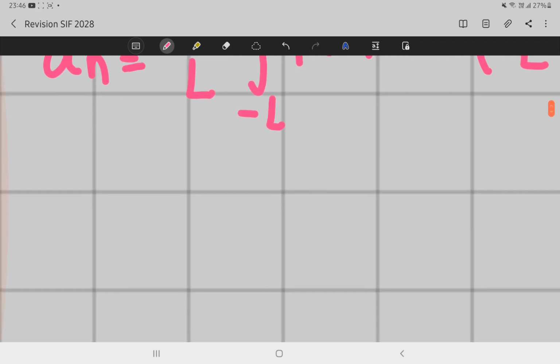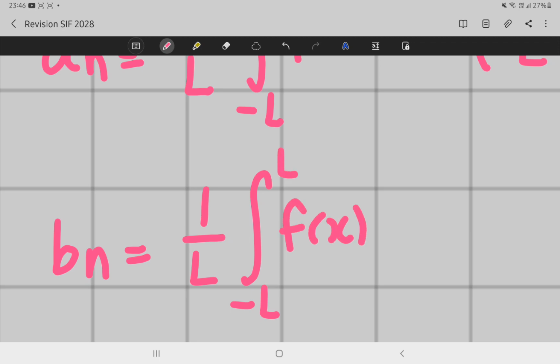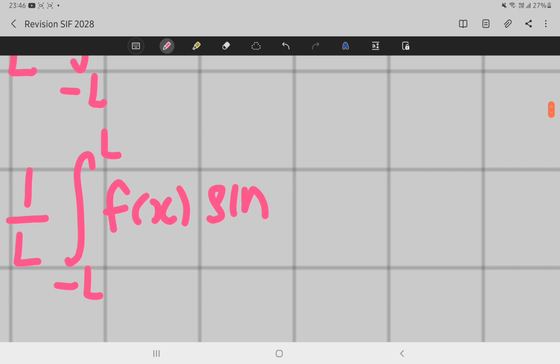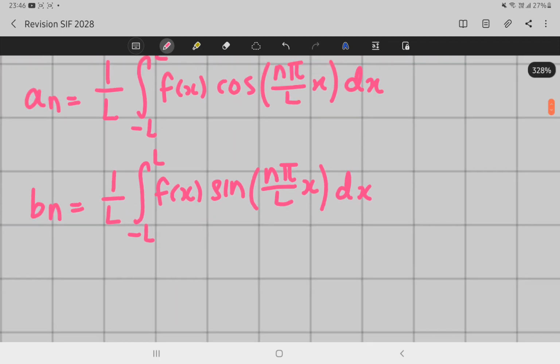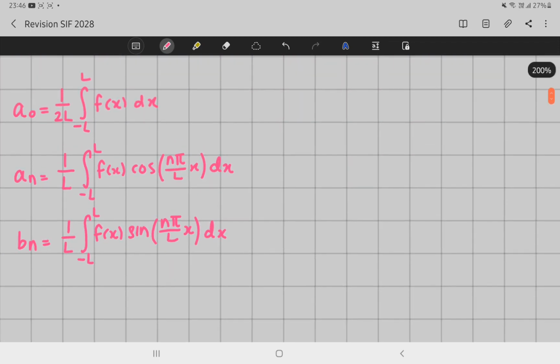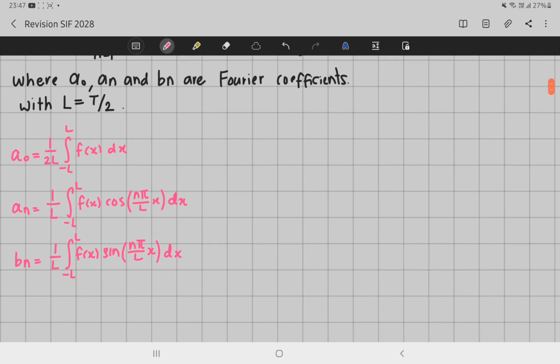And lastly is b n, which is 1 over L, integration minus L to L of f of x sine n pi x divided by L with respect to x. So this is our key to answer any Fourier series question.